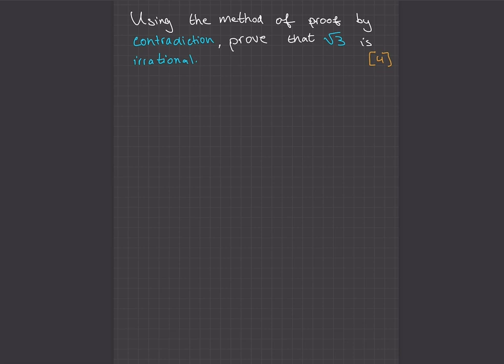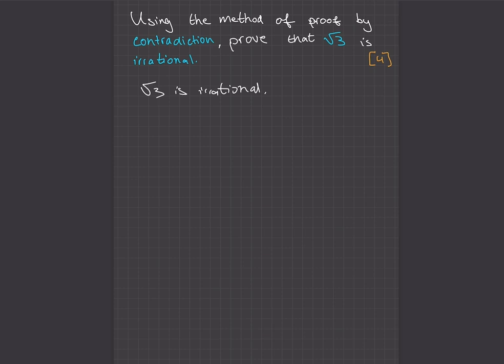So the way contradiction works is what we're trying to prove is the statement that root 3 is irrational. So what we do in contradiction is we assume our statement to be false. That means that root 3 is rational. What does it mean to be rational?